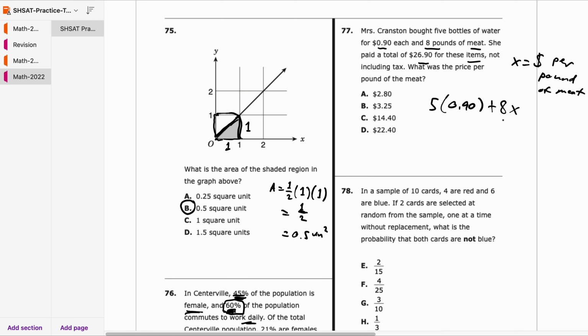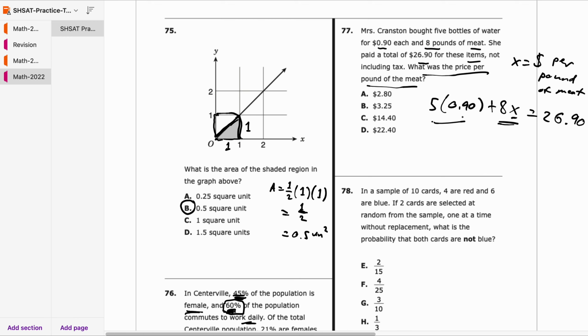If she buys 8 pounds of meat, then the price of that is going to be 8 times the price per pound. So the total cost is what she paid for the water plus what she paid for the meat, and that's going to be $26.90. And now we can solve for x, which is the price per pound of the meat.